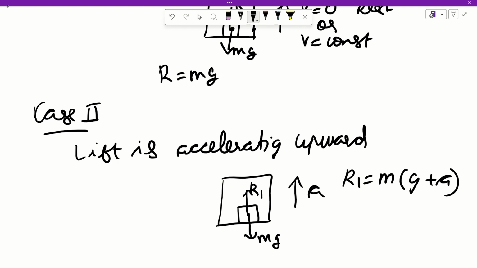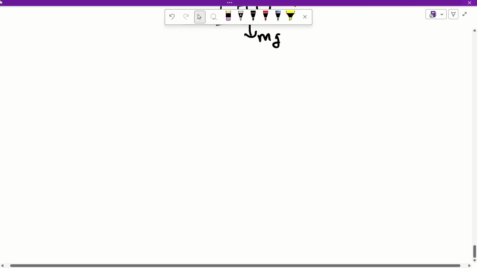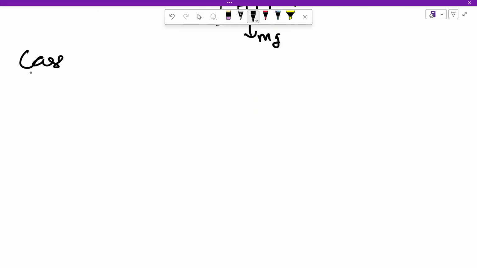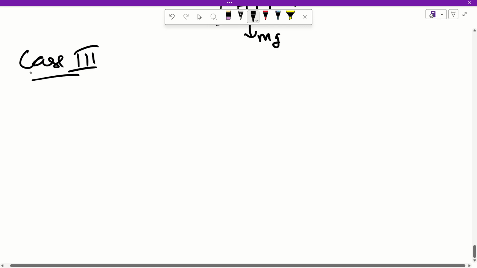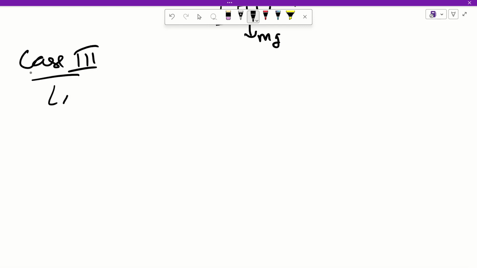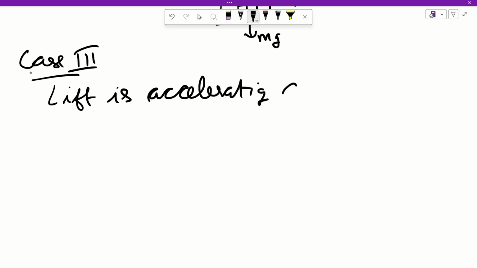Let us go to the next case. Case 3: when the lift is accelerating downward. Let me draw the figure.